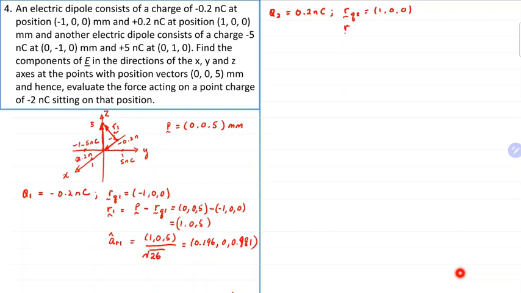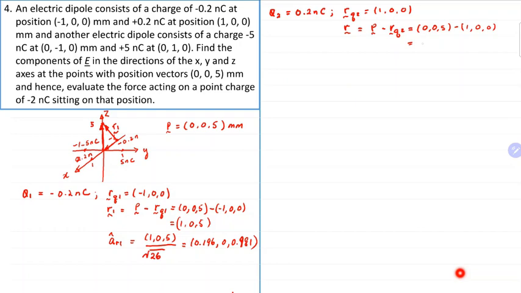Then my vector R2 is P minus R_Q2, (0, 0, 5) minus (1, 0, 0).